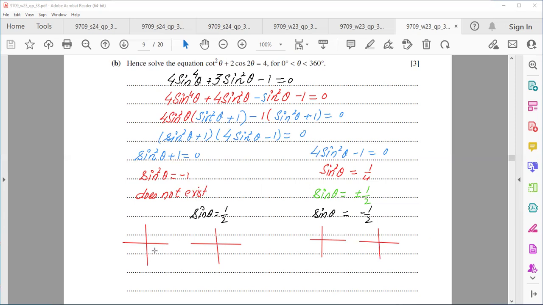The sine of theta is positive in the first quadrant and in the second quadrant. In the second equation, sine of theta is negative in the third quadrant and in the fourth quadrant. Now over here, that's the first basic angle, and that's the second basic angle.